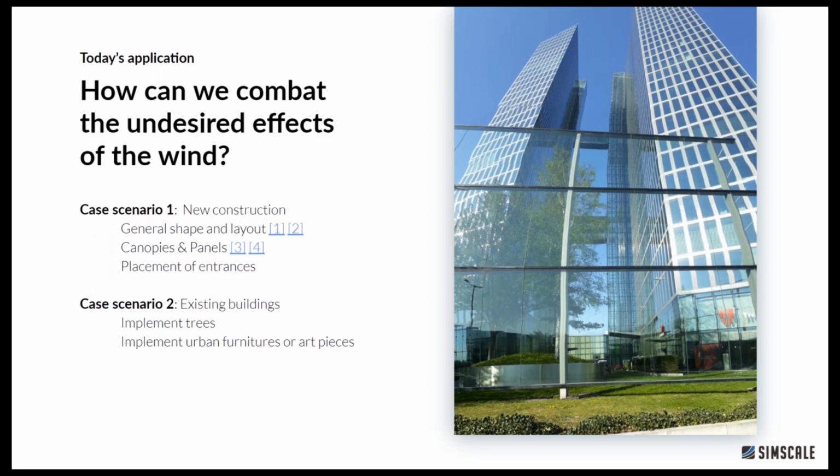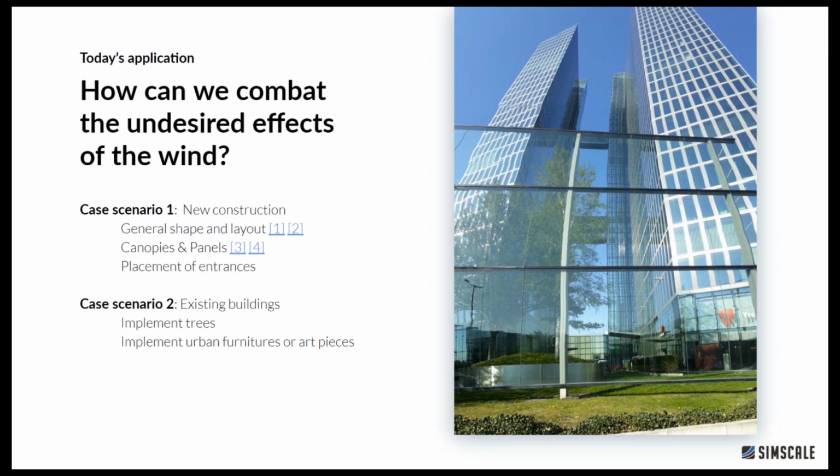This is what we saw earlier in the previous webinars, but today we're going to evaluate a scenario where the building already exists, but there is an issue with the wind development, and it creates undesired and uncomfortable locations for pedestrians specifically. So what we can do is implement trees, as we can see here in this webinar, or implement urban furniture or art pieces.